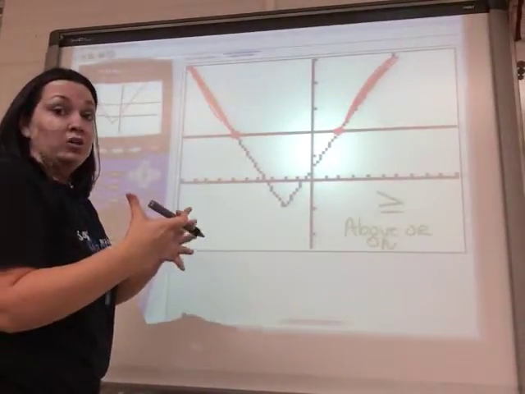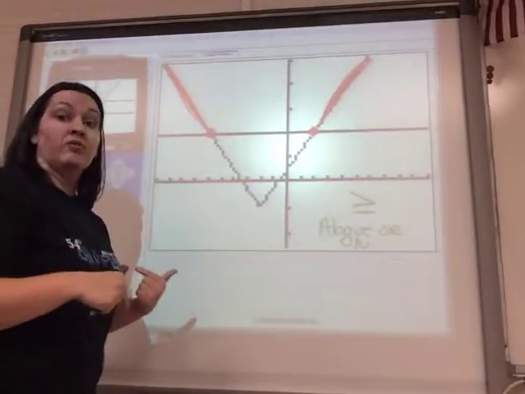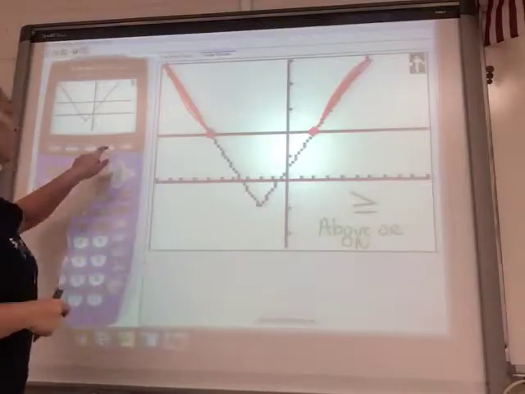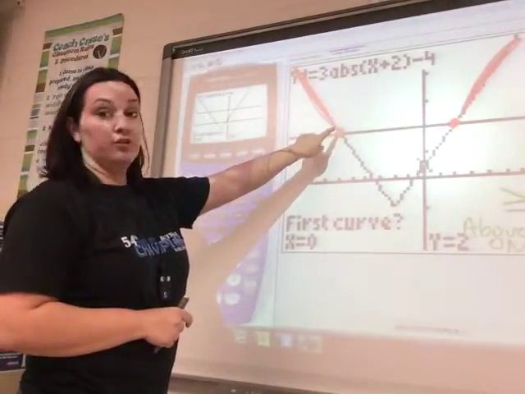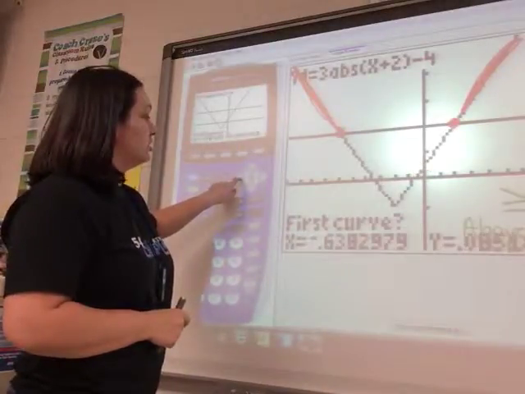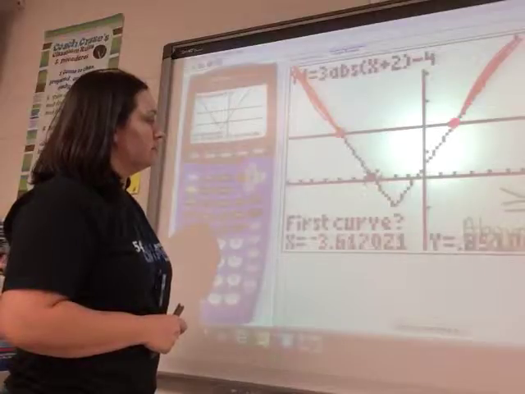Okay? Now it all starts with our intersections, just like with the equations. So let's do that part first real quick. Second trace, 5 for intersect. Move over here to your first intersection point by using your cursor. Mine takes a little while.